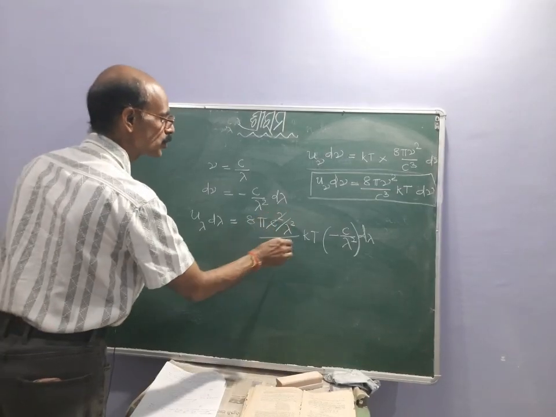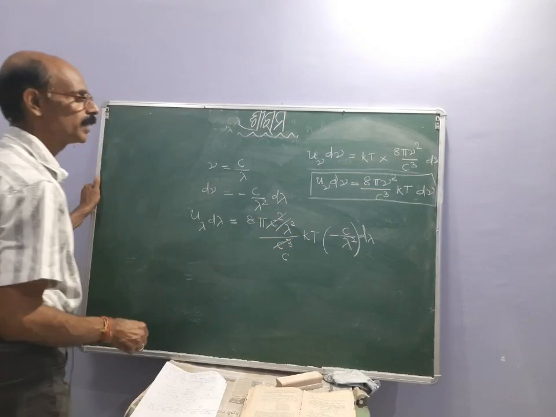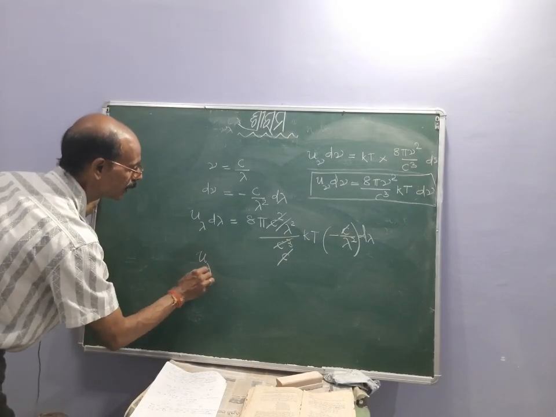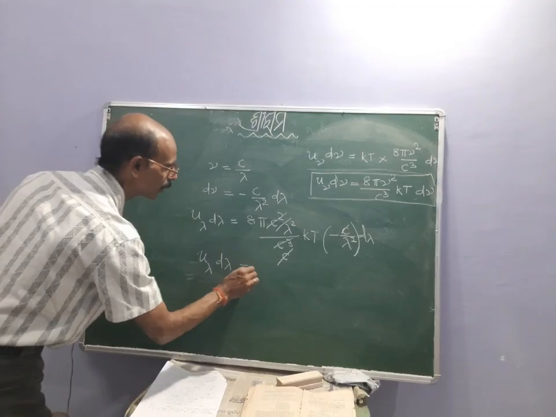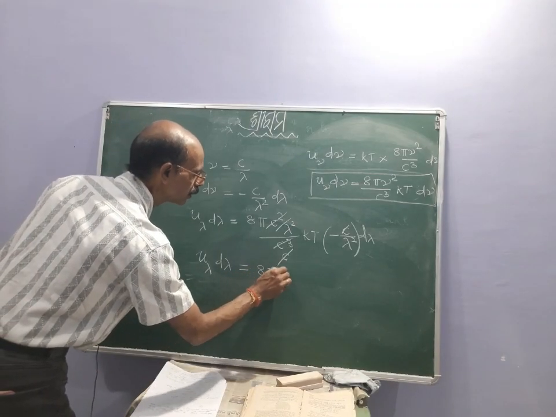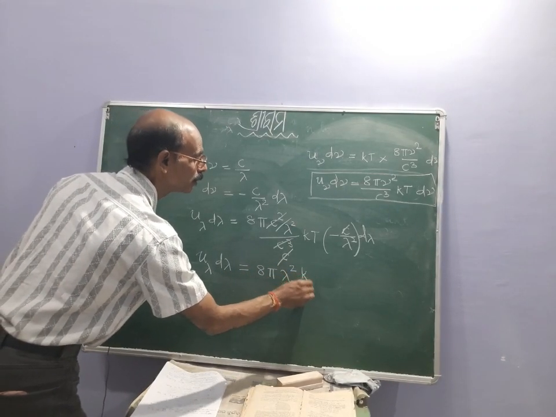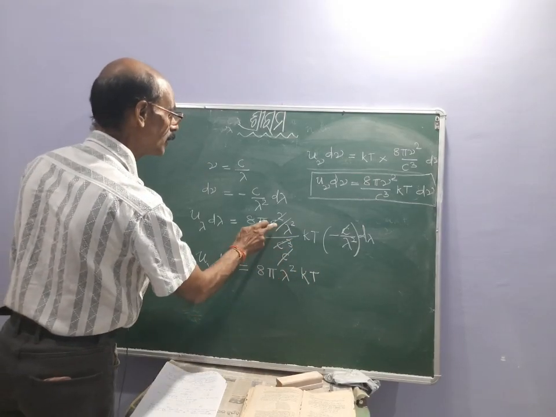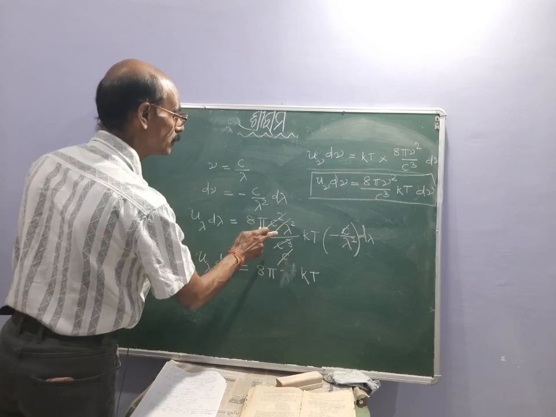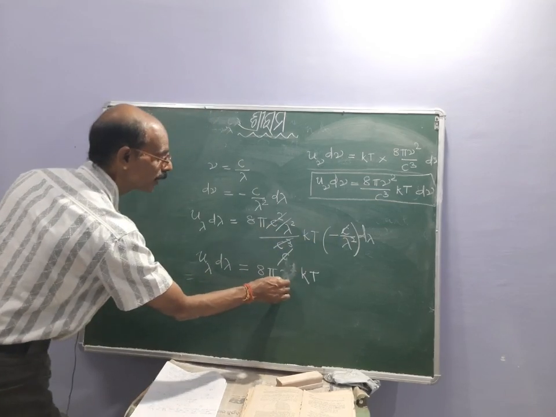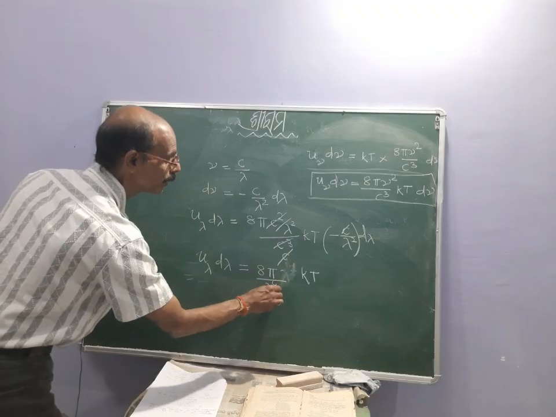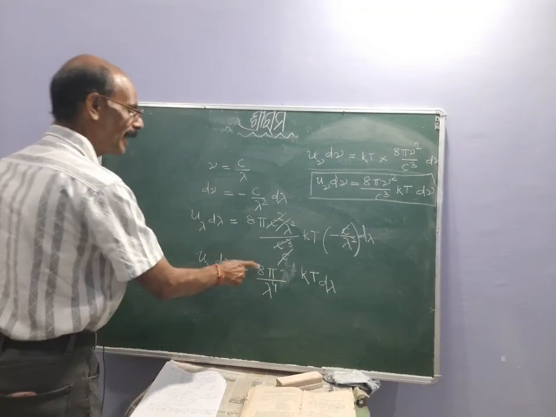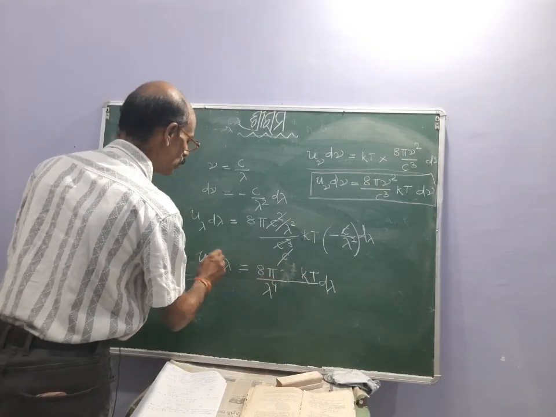So this c square by c cube becomes 1 by c, then this c and c cancel out, hence finally we obtain u lambda d lambda is equal to 8 pi kT by lambda 4 d lambda.